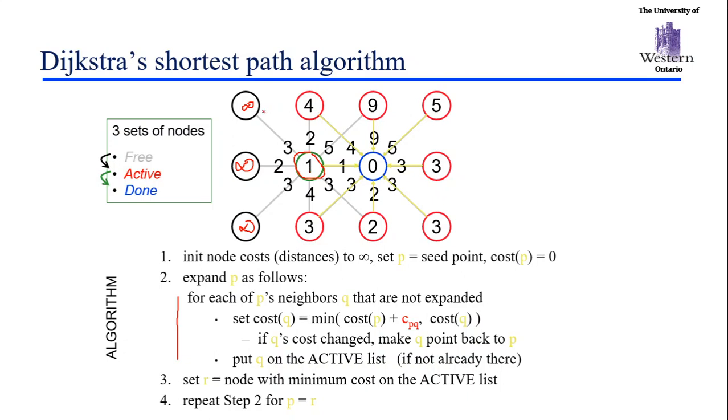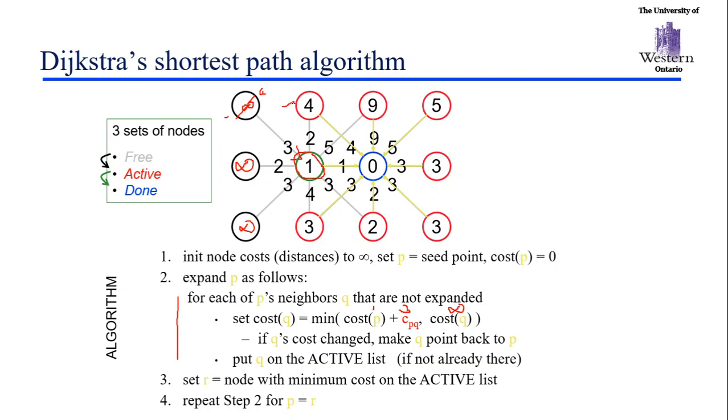So let's take this one. We have to see whether it's infinity: cost of q is infinity, cost of p is 1, cpq is 3. So you can see definitely this will become 4, and we have to point the arrow like that.